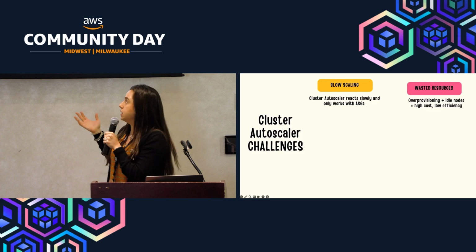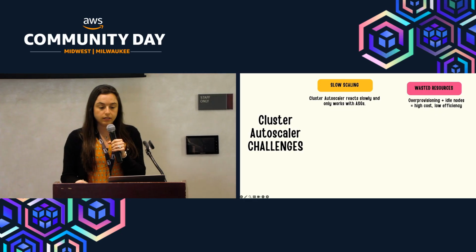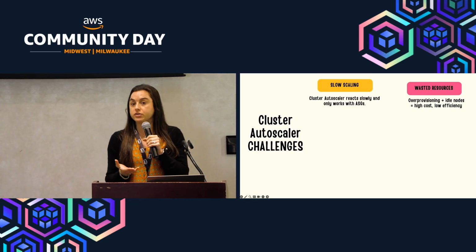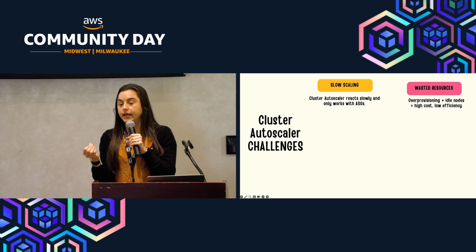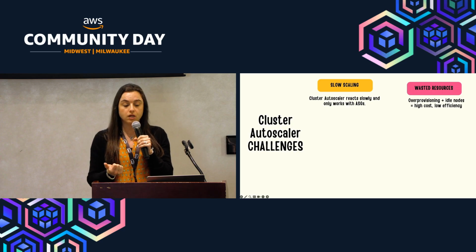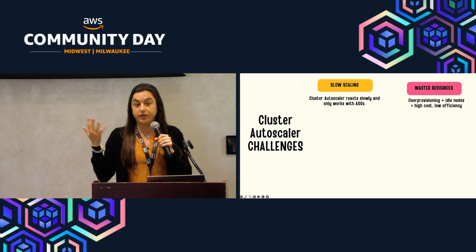So the two biggest challenges are slow scaling and wasted resources. Because it relies on auto-scaling groups, you often end up with over-provisioned nodes that just sit idle, and you're not using them, so you're just incurring costs.